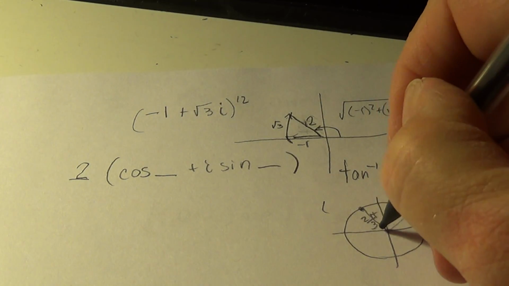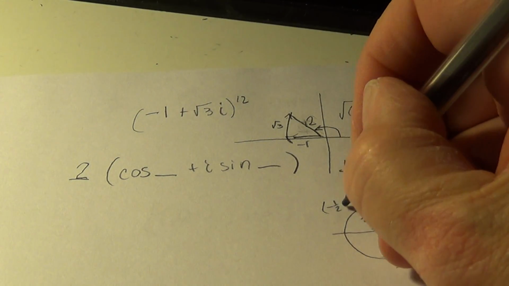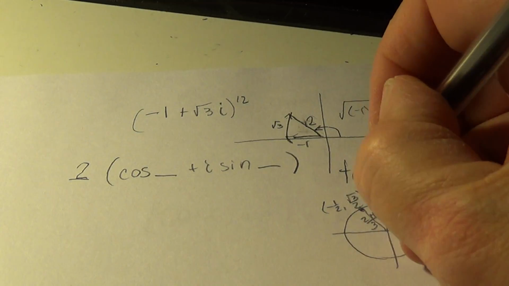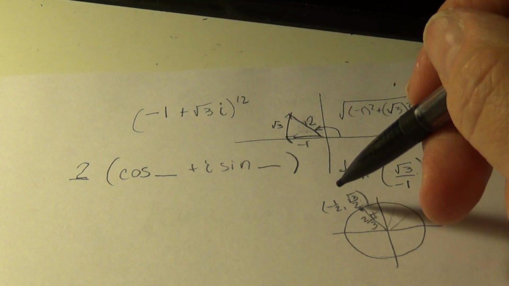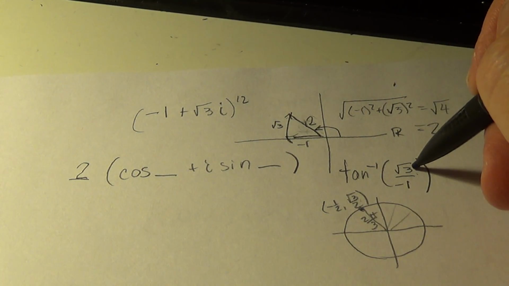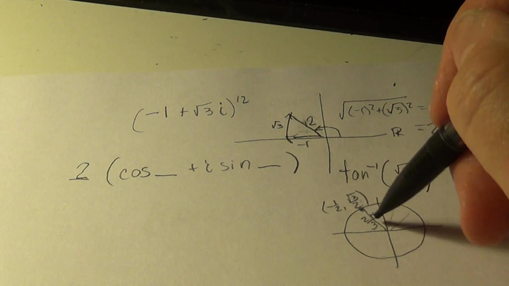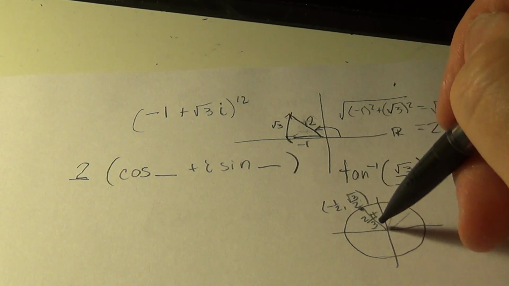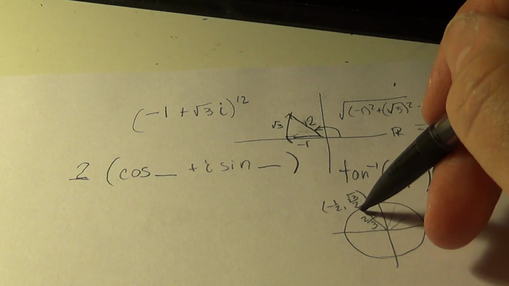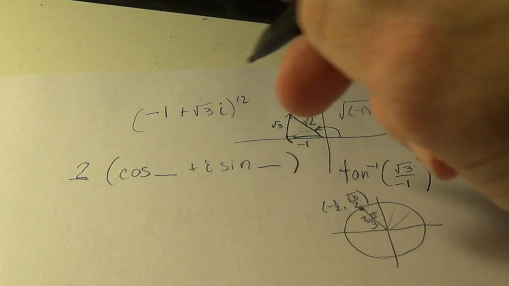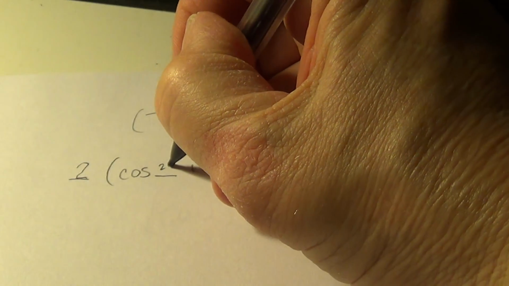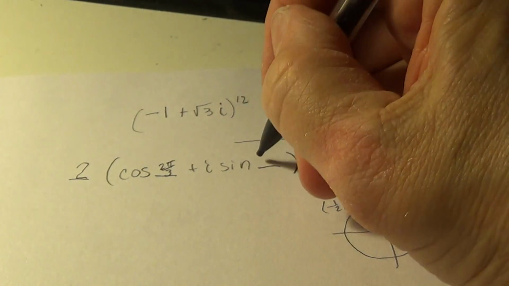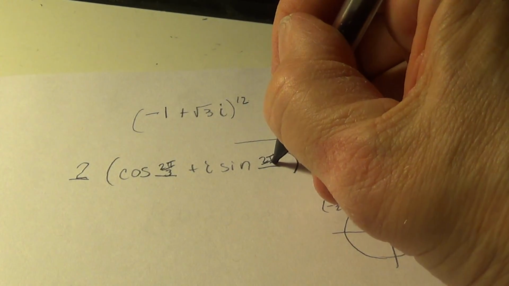And its coordinates are back a half and up square root of 3 over 2. So if the second divided by the first, does it give us this? It does. So I lucked out. I found it on my first try. So the angle at this point is 2 pi over 3.